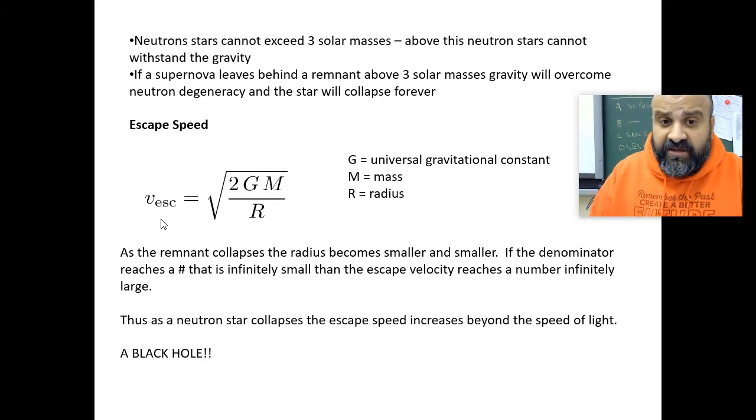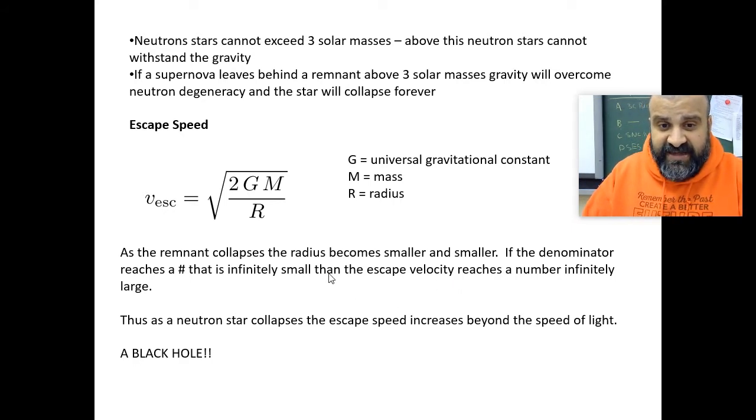So, if an object collapses to a point where its escape velocity becomes the speed of light or greater, we now have a black hole. As the remnant collapses, the radius becomes smaller and smaller. If the denominator reaches a number that is infinitely small, then the escape velocity reaches a number infinitely large, right?